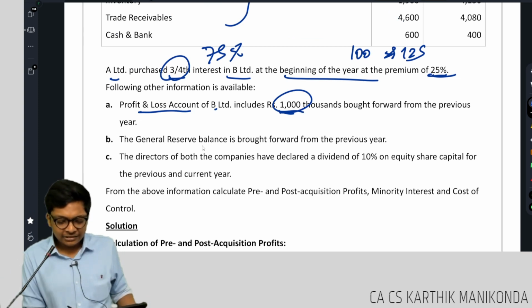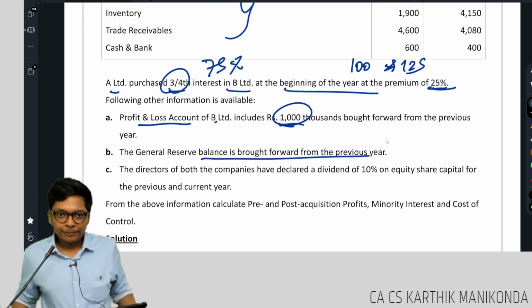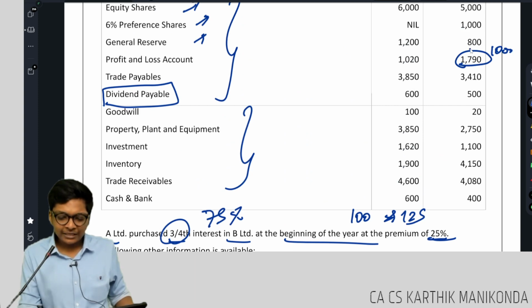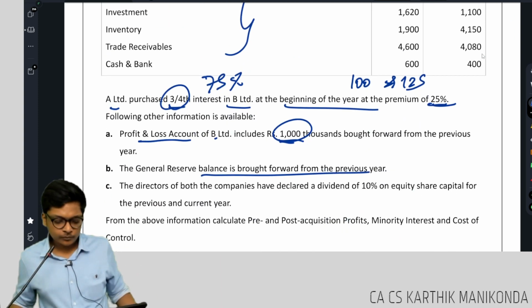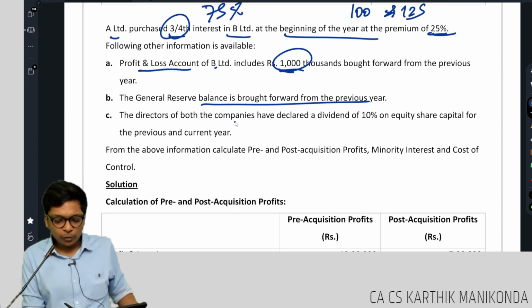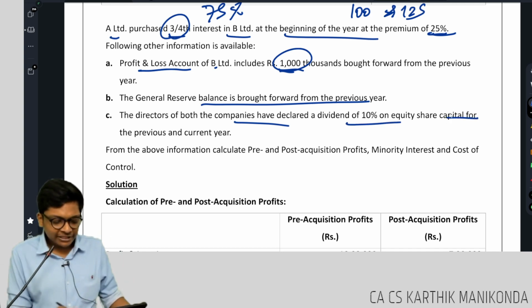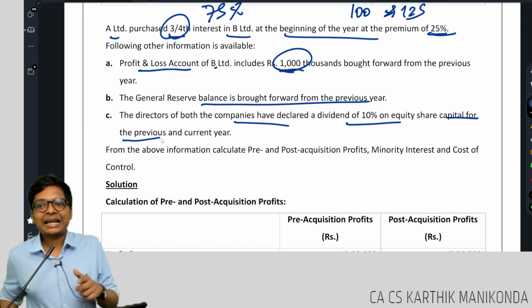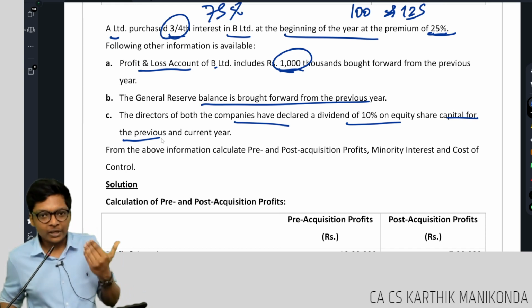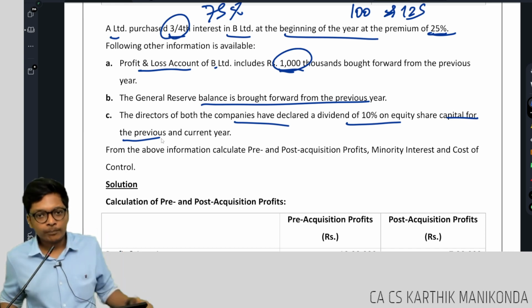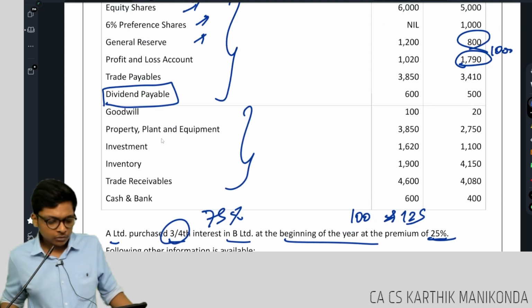Okay. General reserve is brought forward from the previous year. So this full general reserve is pre. The directors of both the companies have declared dividend at 10% on equity shares for the previous and current year. They have declared double dividend. So one will be pre, one will be post. Correct? Next, so dividend payable is here.